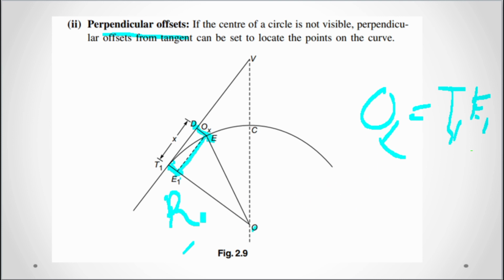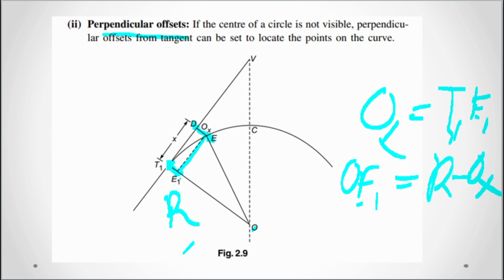Because this is the triangle where I'm going to have the similarity, that's where I need my calculation to be. So I'll need to find the distance O to E1, and that distance will be R, which is the radius, the total distance, minus the offset.